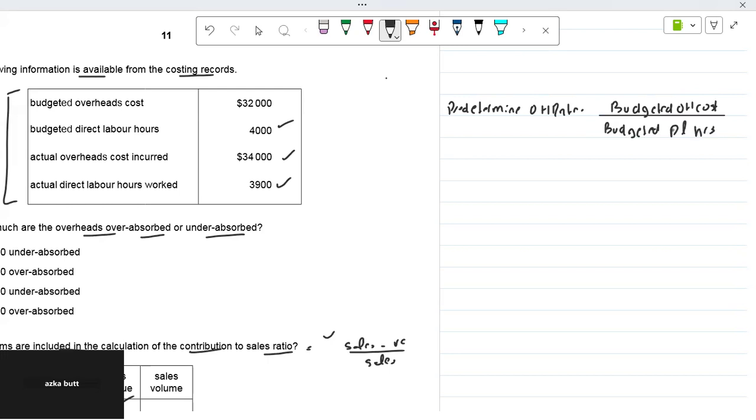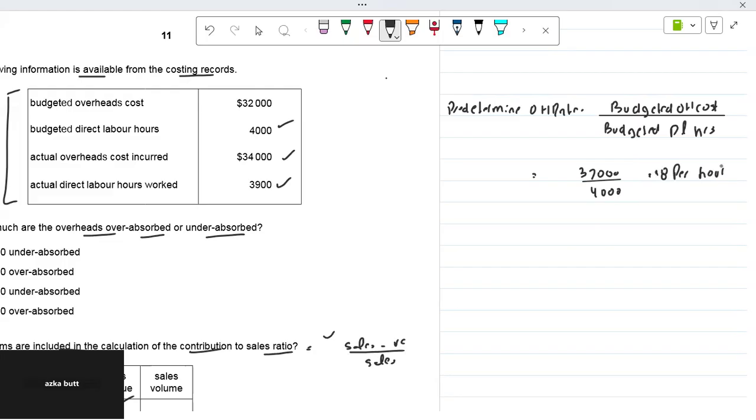The budgeted overhead cost was 32,000 divided by budgeted direct labor hours 4,000. So the predetermined overhead rate is $8 per hour.